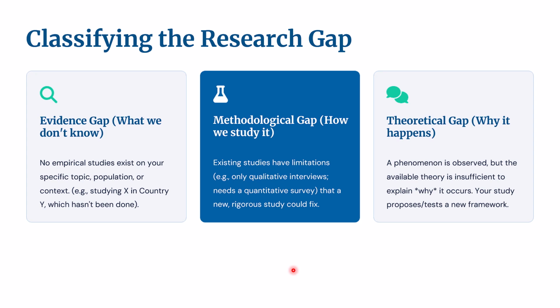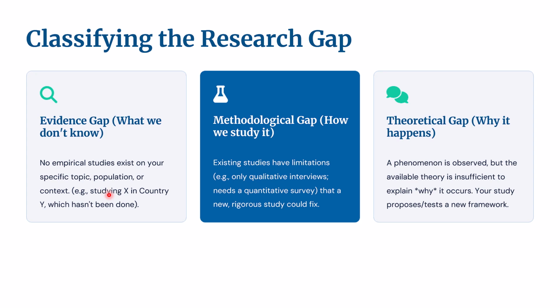We have three categories of gap. The first is evidence gap, what we don't know. For example, here, no empirical studies exist on the specific topic, population, or context.